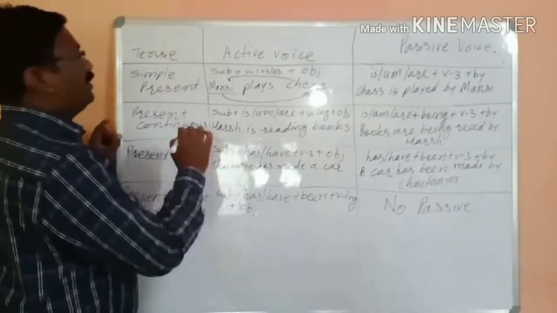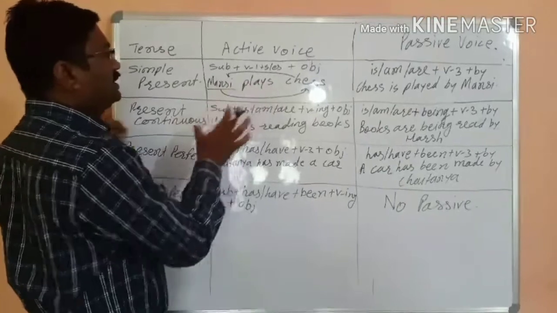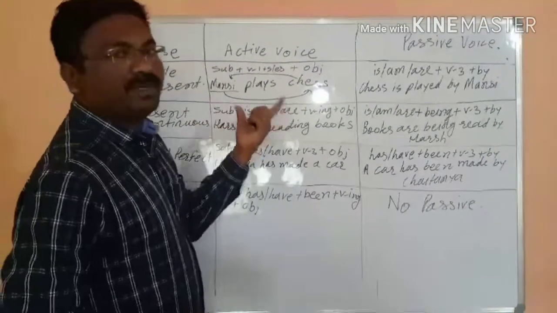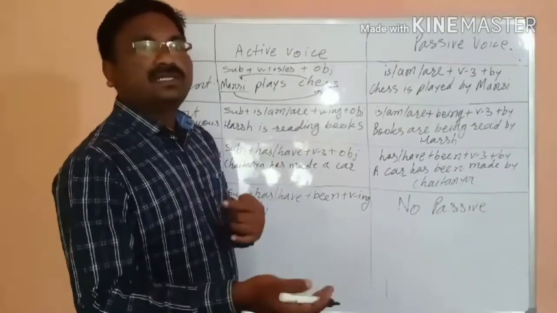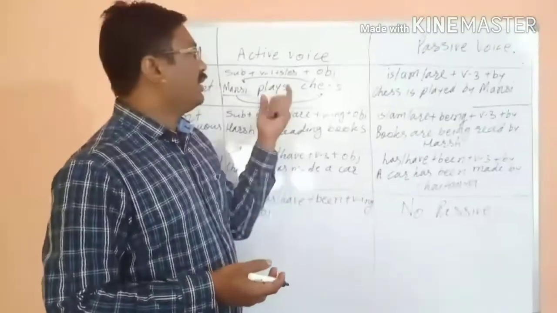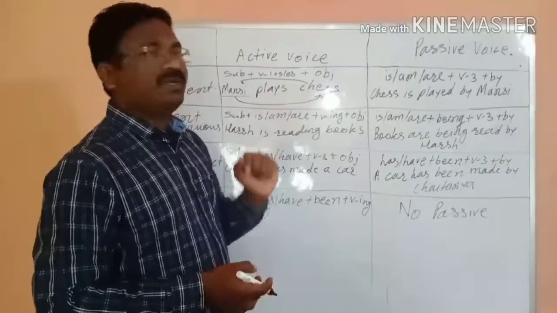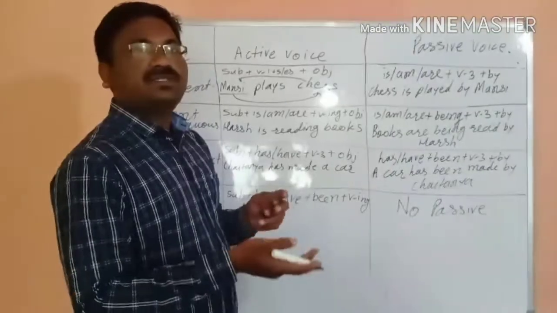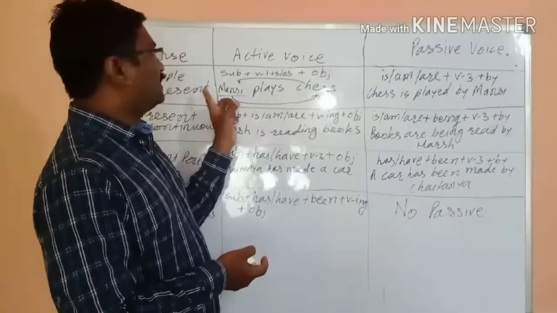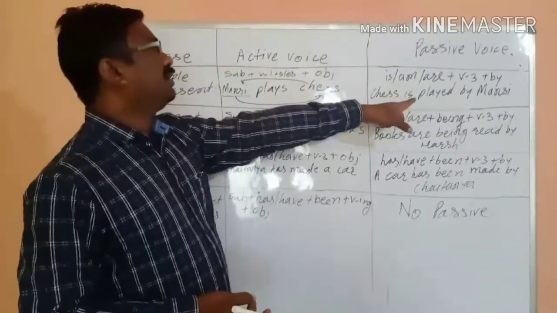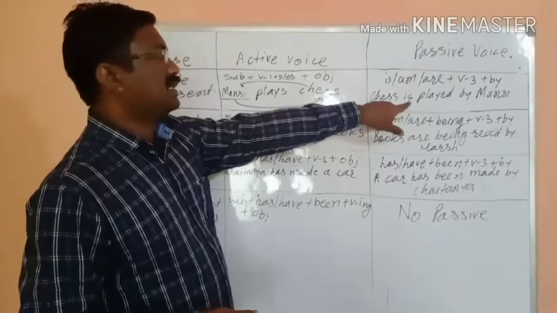Whenever you are taking any tense, you should think about the next tense's auxiliary verb. When we are making passive voice, what do we need to take? We should take the next tense's auxiliary verb. As the tense is simple present, we have taken present continuous as the auxiliary verb.